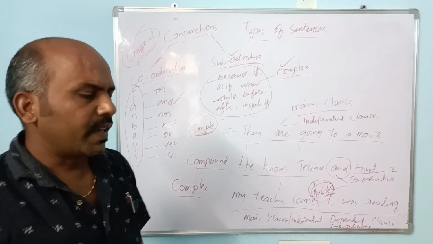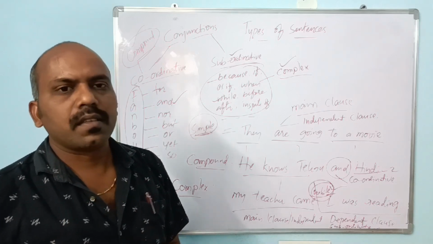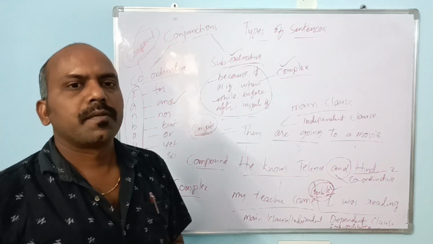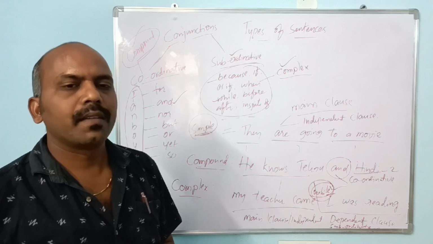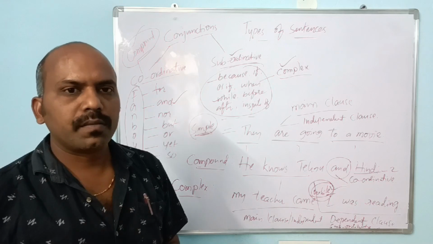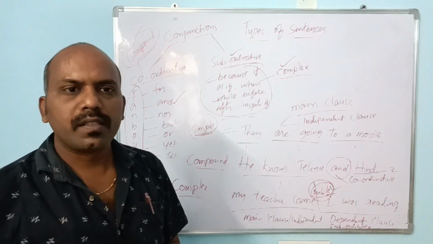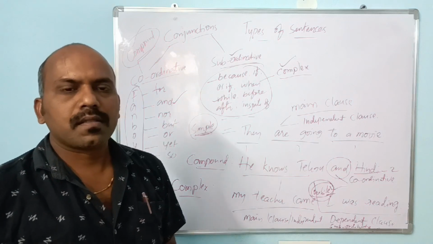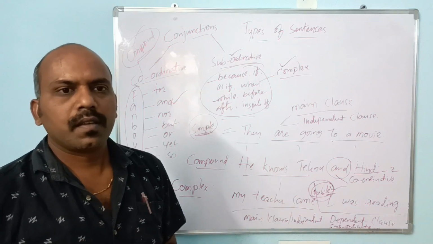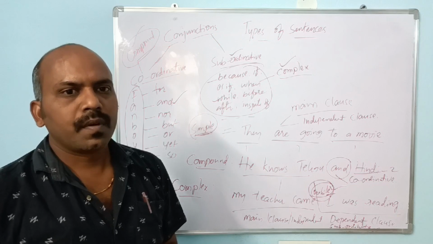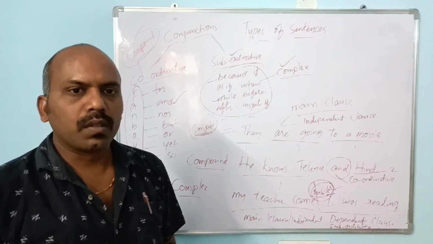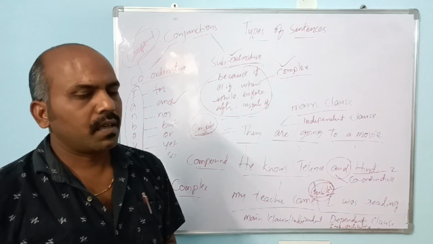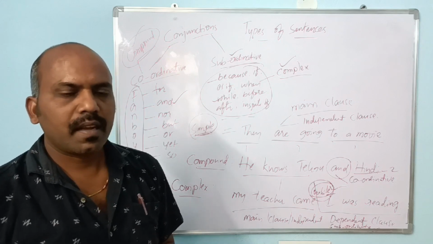Suppose I describe one day's actions in one sentence: when I wake up, I brushed my teeth, I took breakfast, I went to school, I took classes, I took lunch, I came back home, I did my work, and I took supper, I went to bed, and I went to bed.